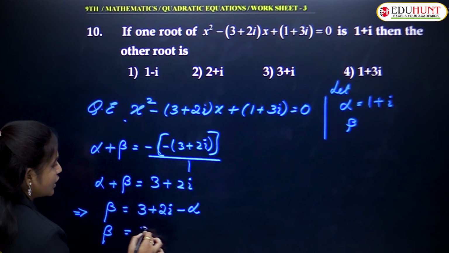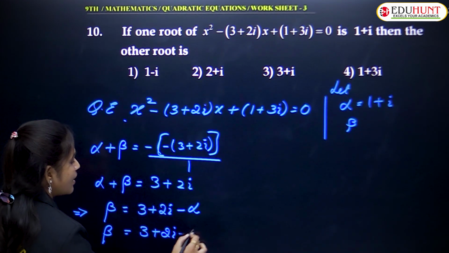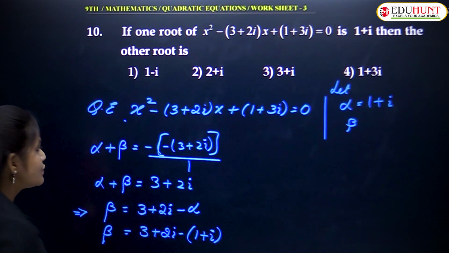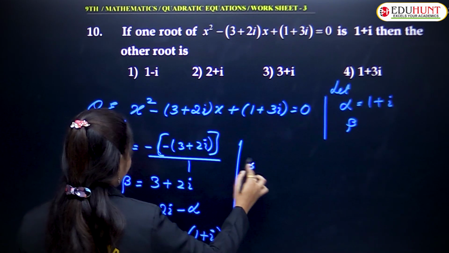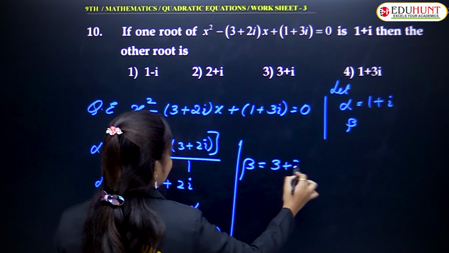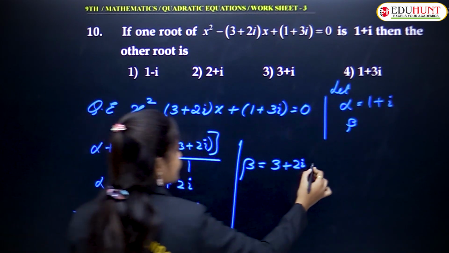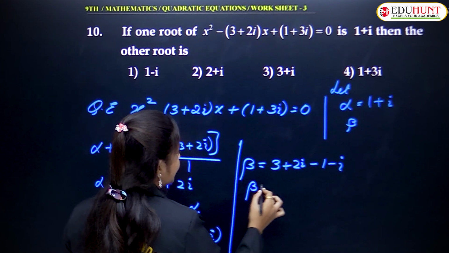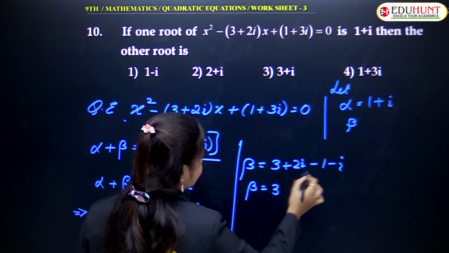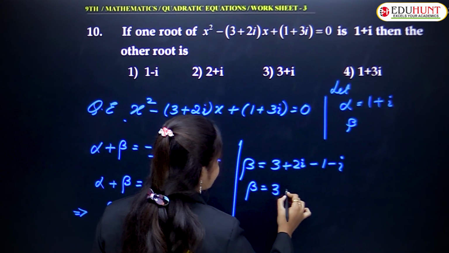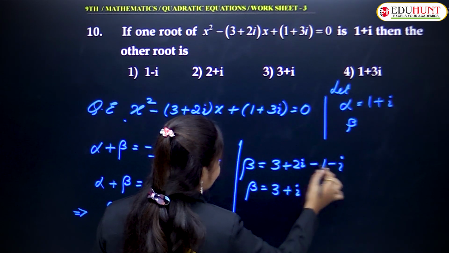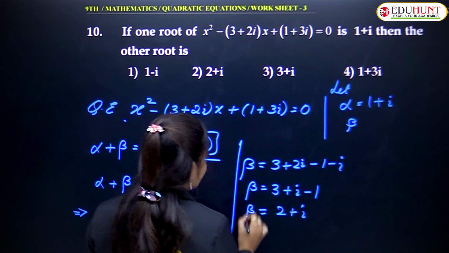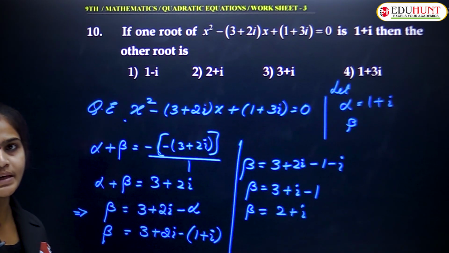So beta is equal to 3 plus 2i minus 1 minus i, which is equal to 3 plus i minus 1, which is equal to 2 plus i. So beta is equal to 2 plus i.